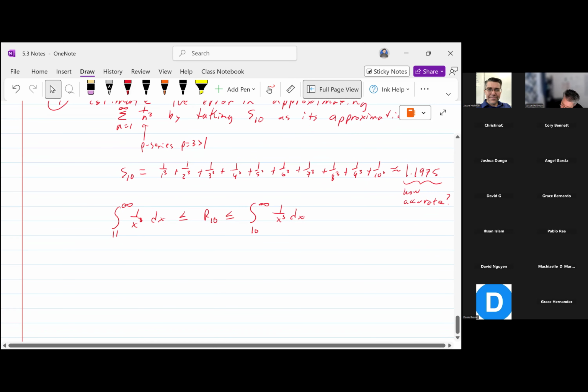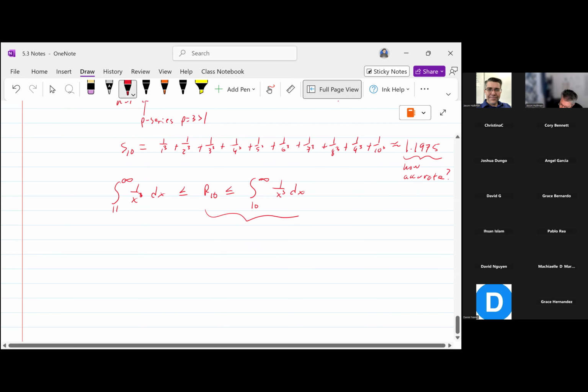So we really only care about the upper bound here, not necessarily the lower bound, because we want the boundary to be the highest value.